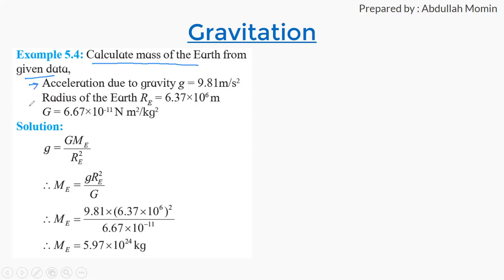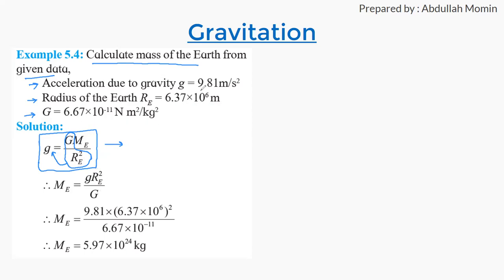The acceleration due to gravity is given, the radius is given, and capital G is given. We know that the acceleration due to gravity has the formula g equals G M E upon R E square. So from this, R E square upon G goes to the other side of the equal sign, and the mass of the earth, M E, becomes small g R E square upon G.